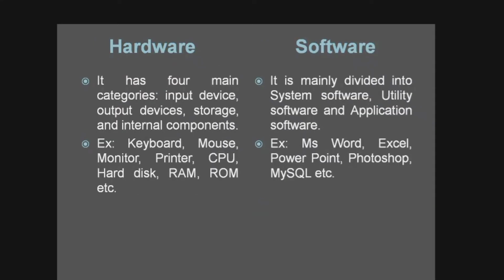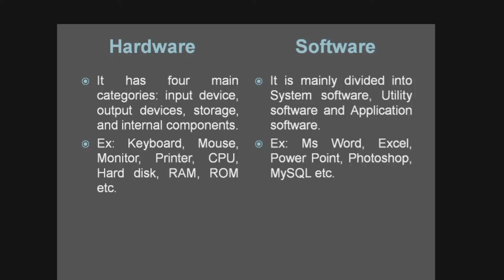Next, computer hardware has four main categories: input devices, output devices, storage units and internal components. Software is mainly divided into system software, utility software and application software.